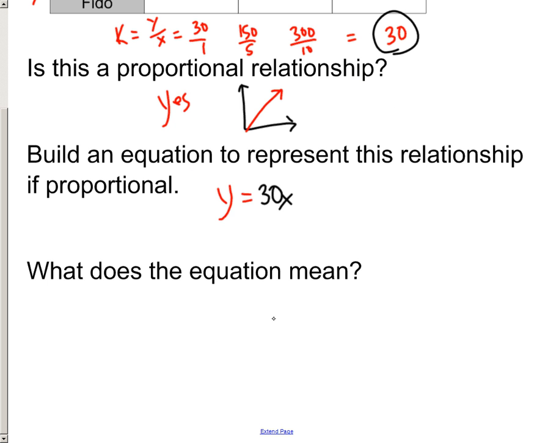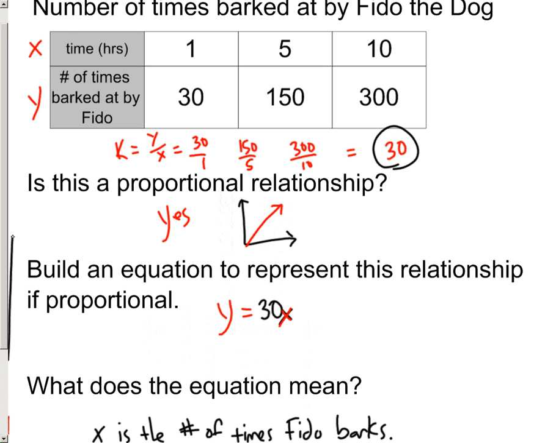And here's the whole heart of this lesson right here. What does the equation mean? Well, x is the number of times Fido barks. Where am I getting this from? Well, go back up to the table. Okay, let's look at the table.